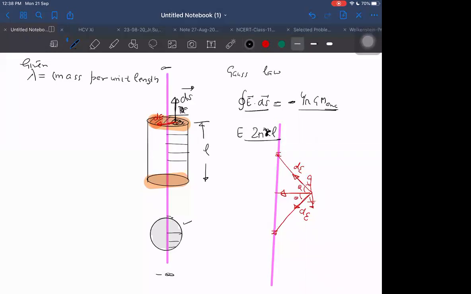E into 2 pi rL is equal to 4 pi G into the mass enclosed. What is the mass enclosed? Mass enclosed is equal to lambda into L. L gets cancelled out, then E comes out to be equal to 2G lambda divided by r.